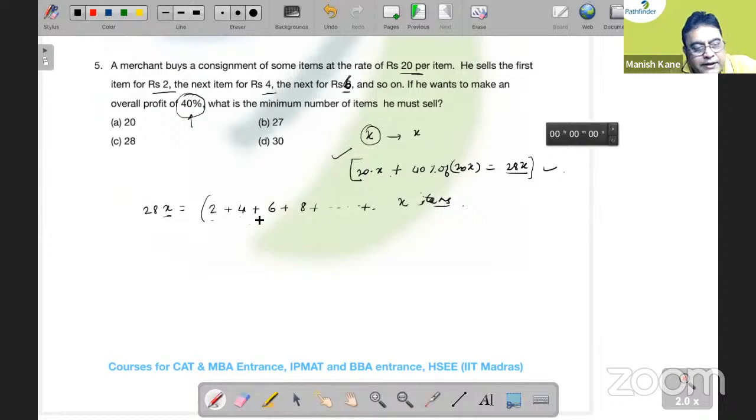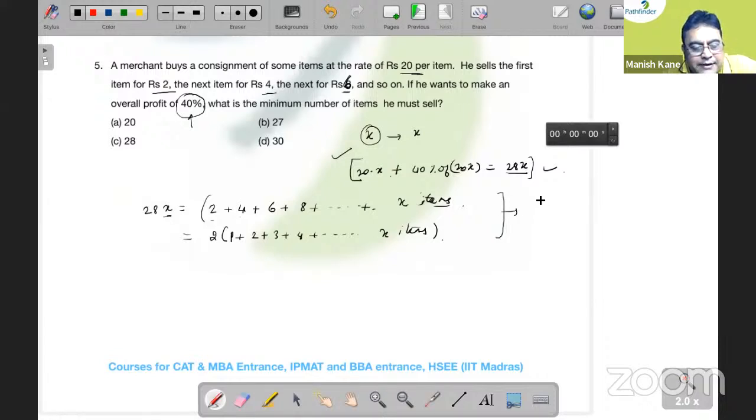Now, if you look at this sequence, the price is increasing by 2 rupees for every item sold. So if you take 2 common, what are you going to get? 1 plus 2 plus 3 plus 4 and so on, for X items. But what will be the price of the Xth item?